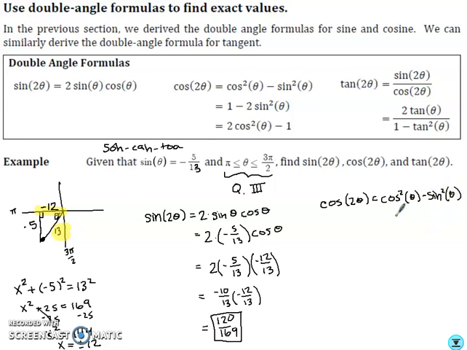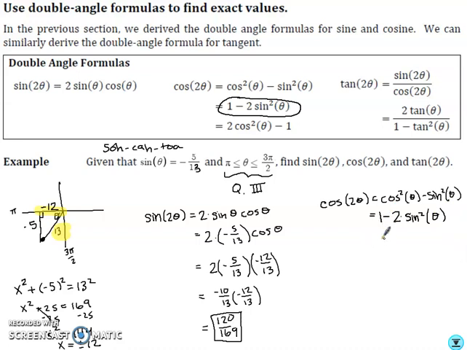Now I found the cosine value to be that negative 12 over 13, so I can use this form, but if I want to use strictly what I was given, if I want to just use that the sine is negative 5/13, then I can use this second form of my cosine function. So I can say instead cosine of 2 theta is 1 minus 2 times the sine squared of theta. Doesn't matter which one I use, they will all result in equivalent answers.